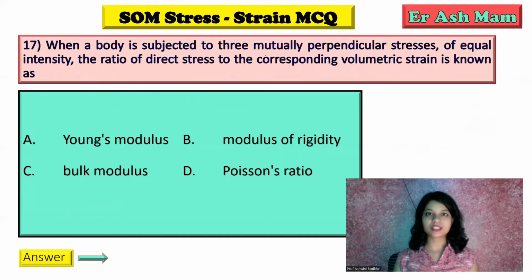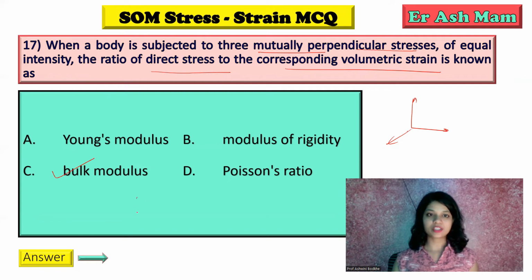Next, when a body is subjected to three mutually perpendicular stresses of equal intensity, the ratio of direct stress to corresponding volumetric strain is known as bulk modulus.